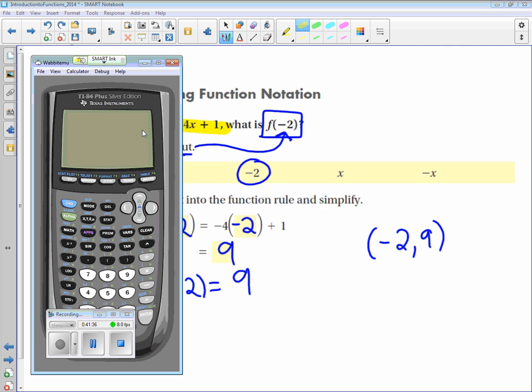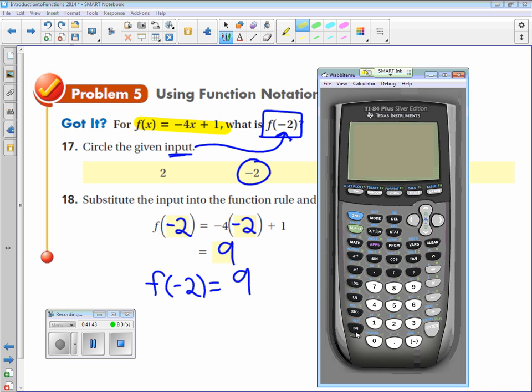So go to y equals. Hang on. There we go. Y equals. We're going to clear it out. We have -4x plus 1. When you graph it, this is the graph you should have gotten.